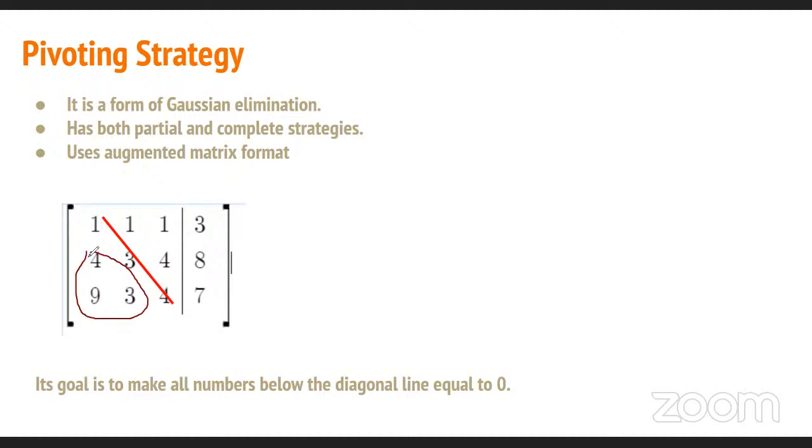We don't care about any other thing. In fact, we don't even care about making the numbers on the diagonal line 1. We just need to make the numbers below the diagonal line equal to 0. This is one of the differences between the pivoting strategy and the mainstream Gaussian elimination method. I will give examples of that in a moment.